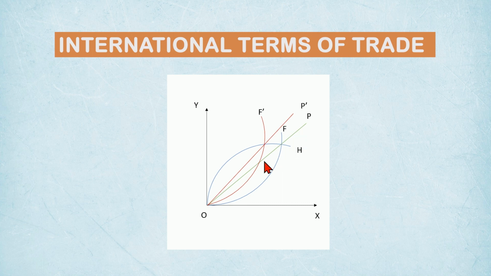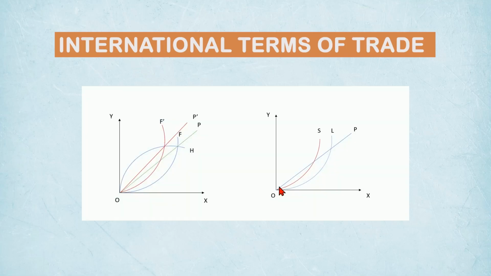So my international terms of trade was OP. Now the international terms of trade is no longer OP. Rather, my international terms of trade is like OP prime, and the equilibrium takes place at this point. We may discuss the implication of this change in offer curve and the equilibrium terms of trade in future if required. But as of now, I don't want to go into a deeper implication of this.